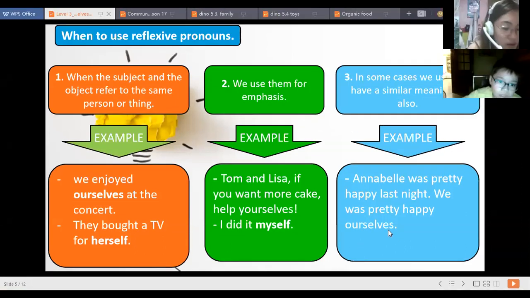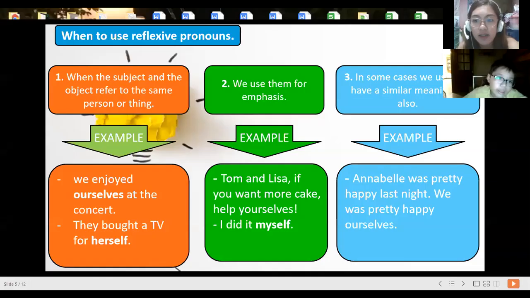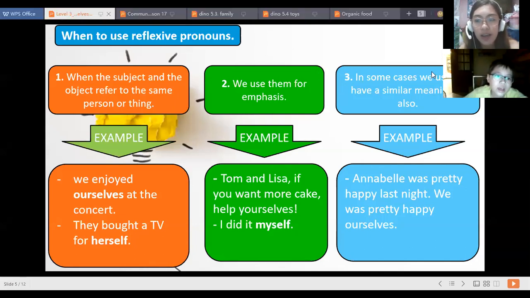How about this? Can you see my slide? No. Why? Okay. So number three, can you read?